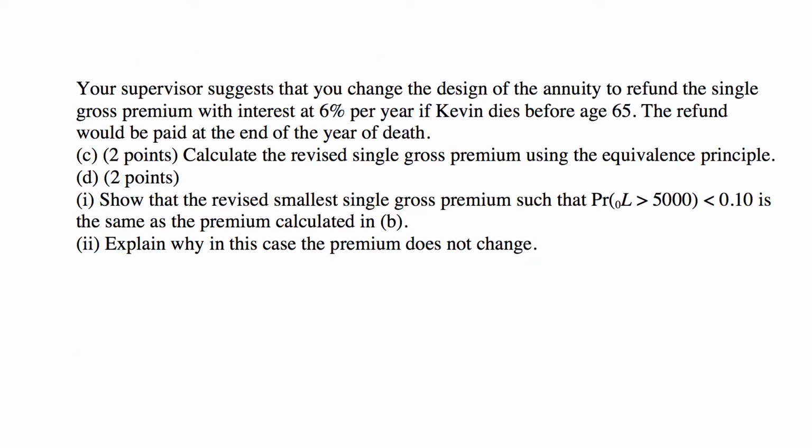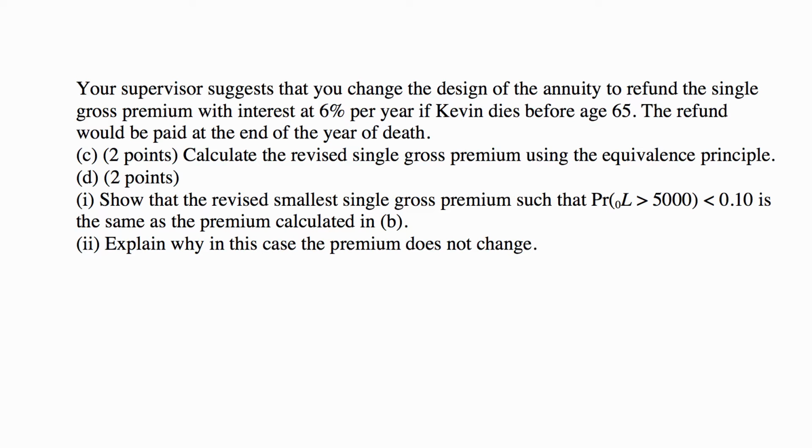Your supervisor suggests that you change the design of the annuity to refund the single gross premium with interest at 6% per year if Kevin dies before age 65. The refund would be paid at the end of the year of death. For Part C, calculate the revised single gross premium using the equivalence principle.